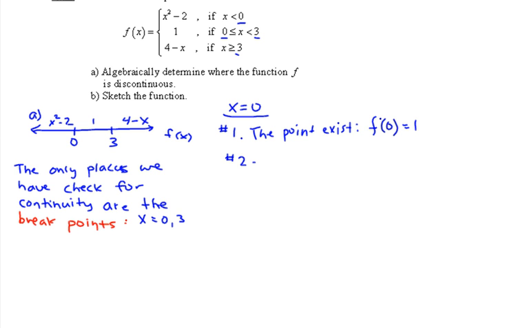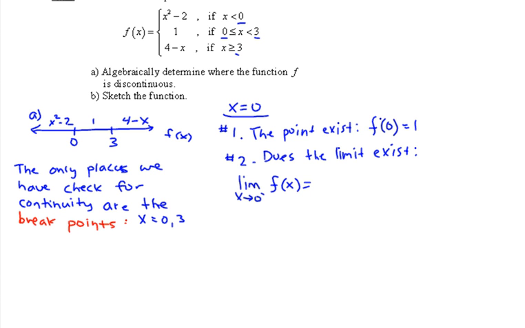Second, the limit. Does the limit exist? We're going to check that. We have to approach it from both sides. So we need to find the limit as x approaches 0 for our function from the left and from the right. We're going to do the left first.